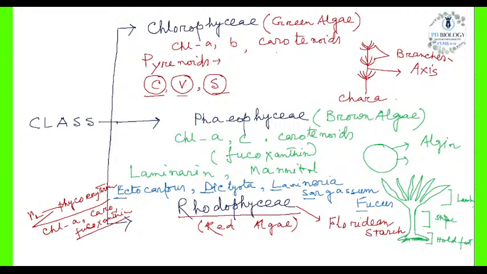The examples are Polysiphonia, Porphyra, Gracilaria, Gelidium. These are the prime members of Rhodophyceae.